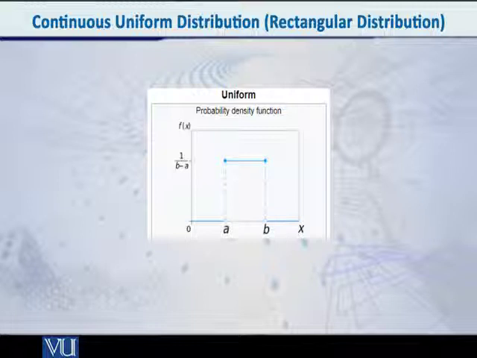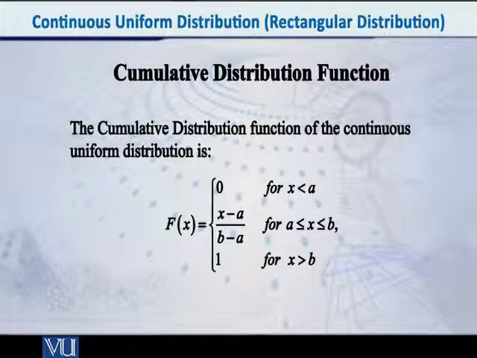So obviously it is a constant, and therefore it will be horizontal at the level 0.5 on the y-axis. If this is clear, then let us talk about the CDF, the cumulative distribution function of the continuous uniform distribution.